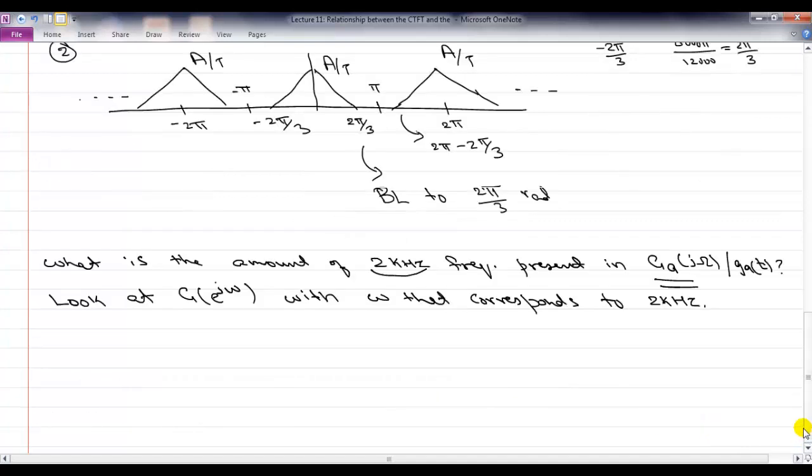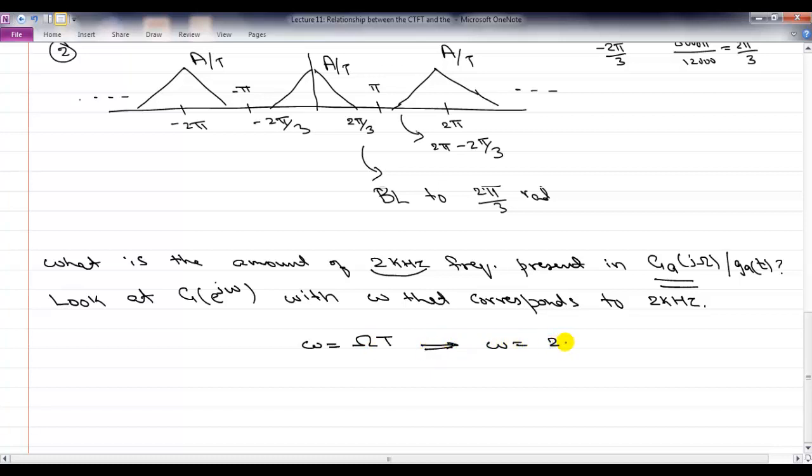So how do you find the little omega that corresponds to 2 kilohertz? Using this relationship that the discrete time frequencies are simply given by continuous time frequencies multiplied by T.